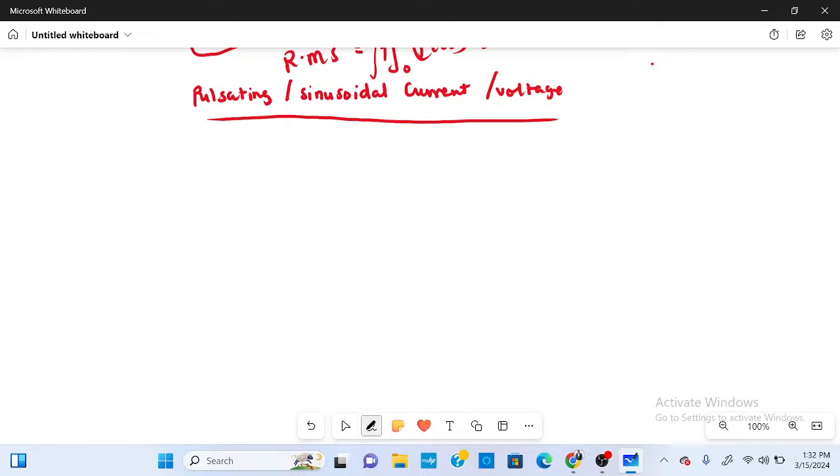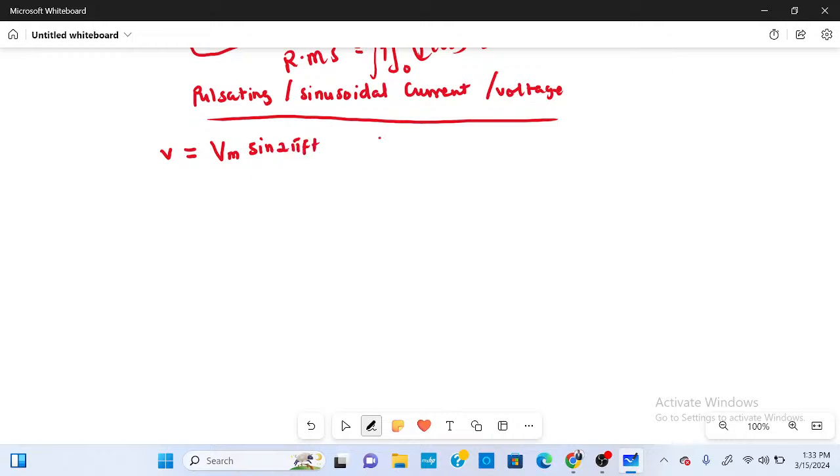When you talk about pulsating or sinusoidal current, it's basically what you have been doing. So let's see. At this point, generally, if you have a sinusoidal voltage, or a voltage in the form of a pulse, it is generally represented as V, capital V_M, which is its peak value, sine 2 pi f t.